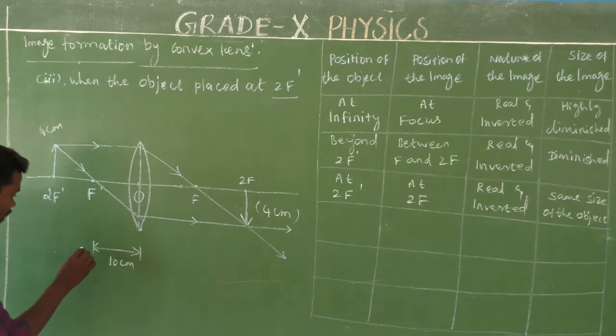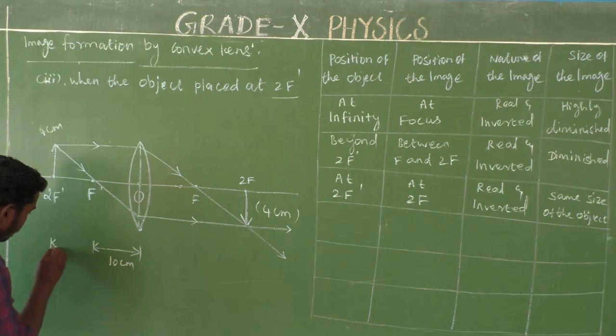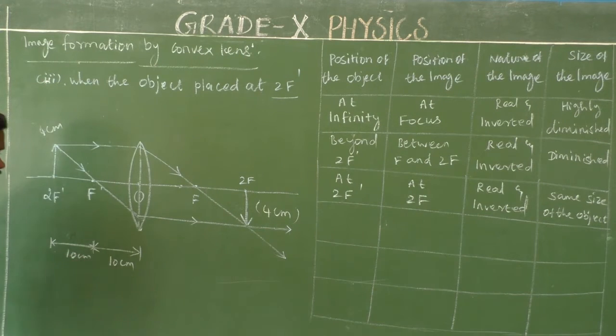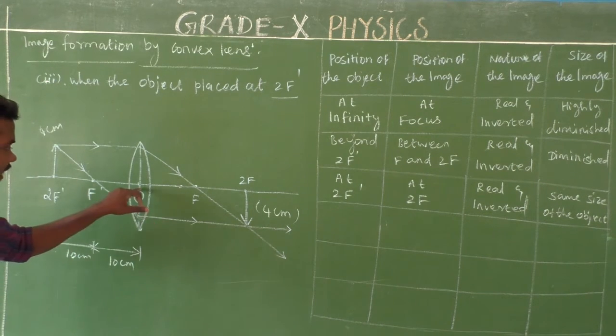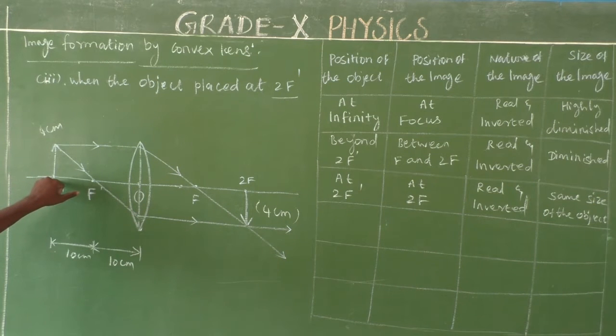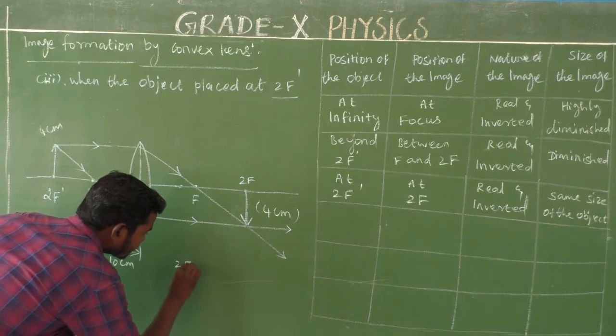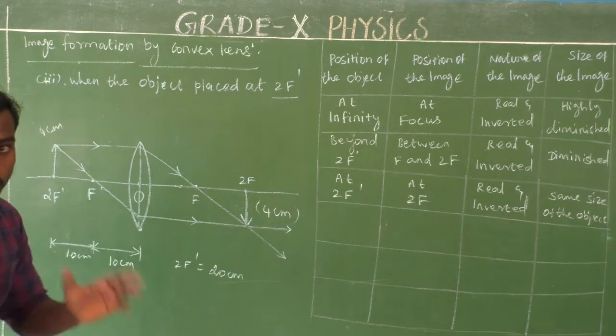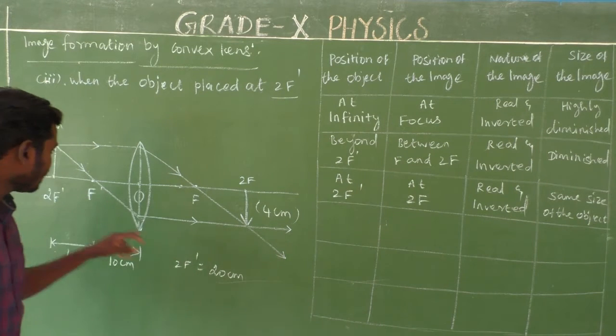So the distance between the optical center and 2F' will be 20 cm. These are for example, don't get confused. 2F' will be 20 cm.